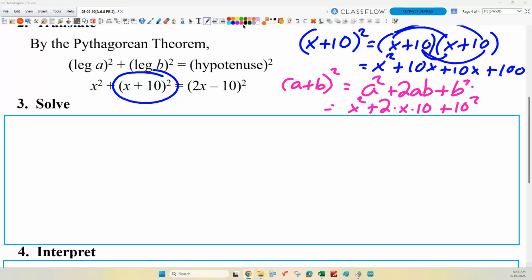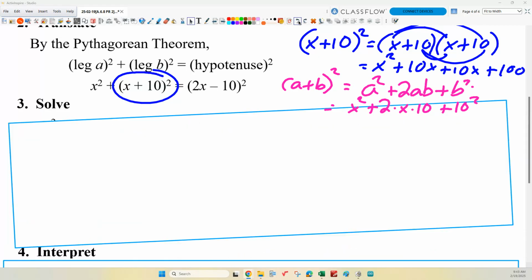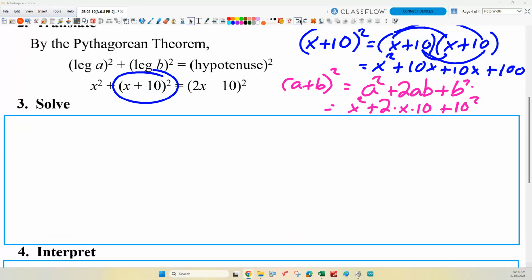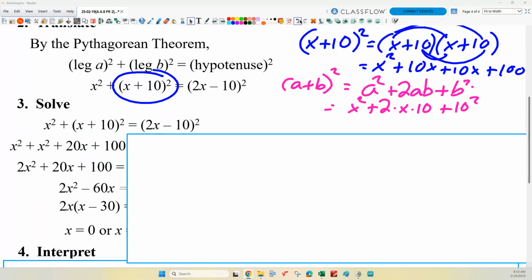Everybody see that? Okay, so when we solve this then, first thing we're going to get is that part right there, right? X squared plus, when I expand out this whole thing, it gives me that, right? How about on the other side? 2x minus 10 squared.